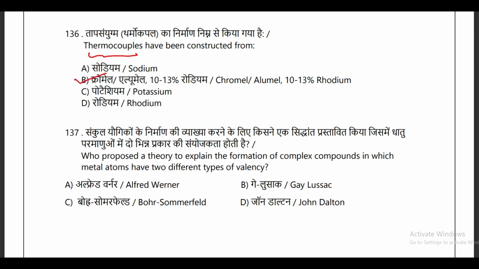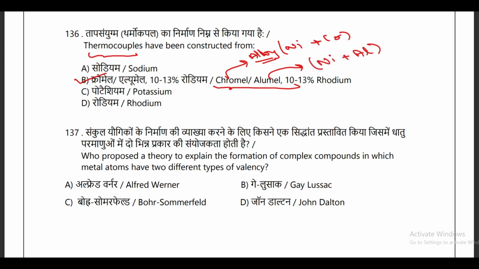So actually thermocouples are devices that are used to measure temperature, okay? They are usually constructed from a specific combination of metals. One type of combination is chromel alumel, okay? It consists of two types of alloys. One alloy consists of nickel and chromium, this alloy is nickel plus chromium, and the second is alumel, which is the combination of nickel plus aluminium, okay?